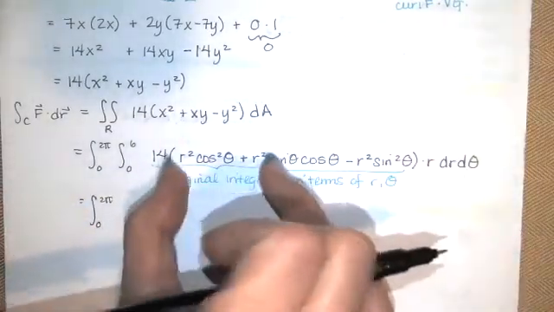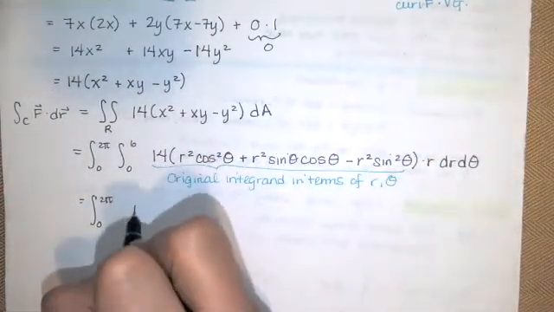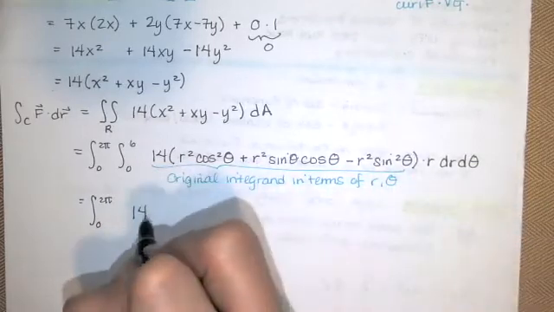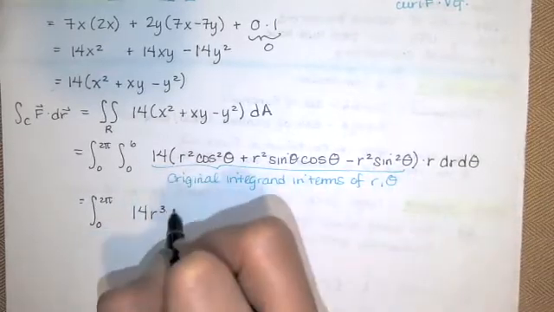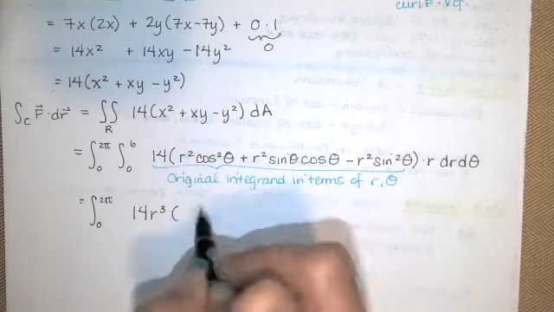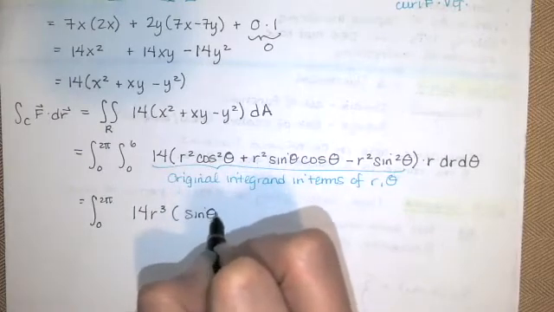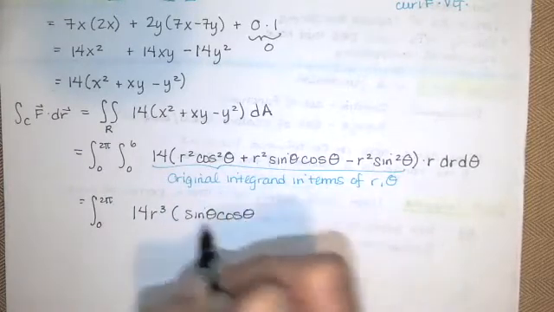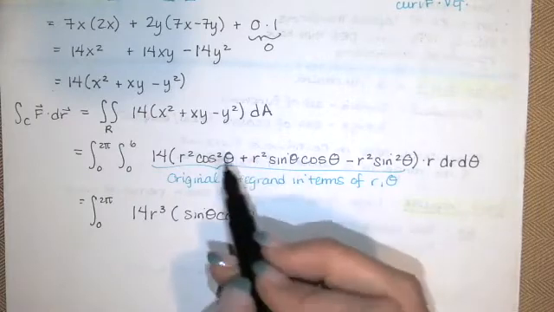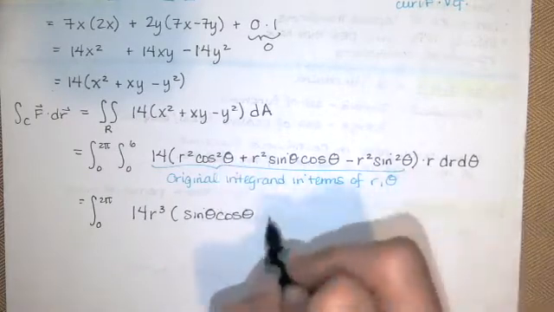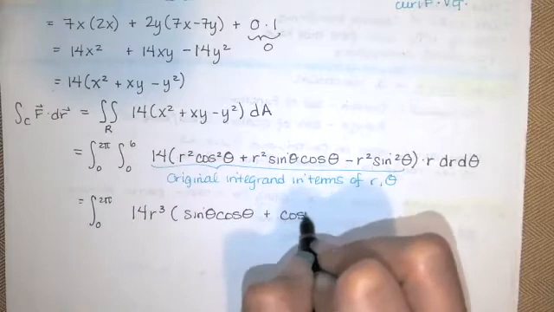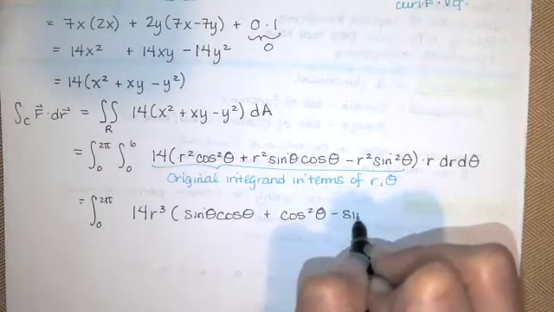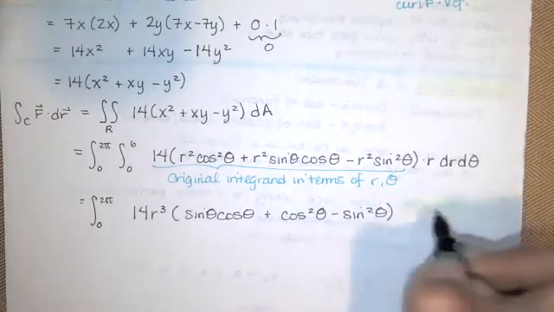Or alternatively, you can think of factoring out that r squared from everything. R squared times that r will give us an r cubed. And then over here, we'll have sine of theta cosine of theta. I'm going to use a trig identity to simplify that. And cosine squared theta minus sine squared theta. I will use a trig identity to simplify that as well.